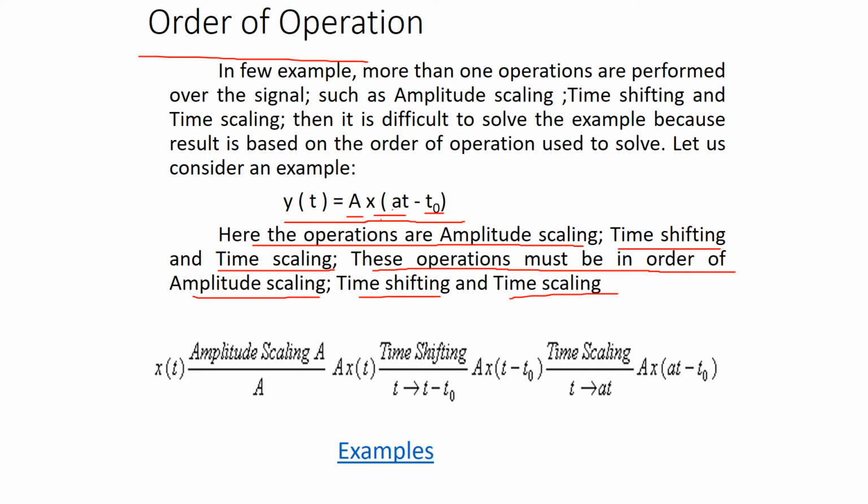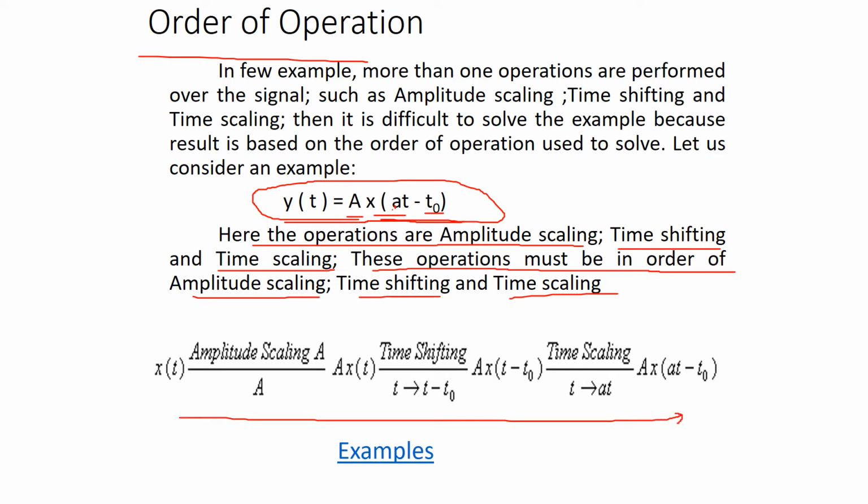In the generalized case, first we do the operation of amplitude scaling, secondly the operation of time shifting, and third the operation of time scaling. So this sequence has to be remembered.